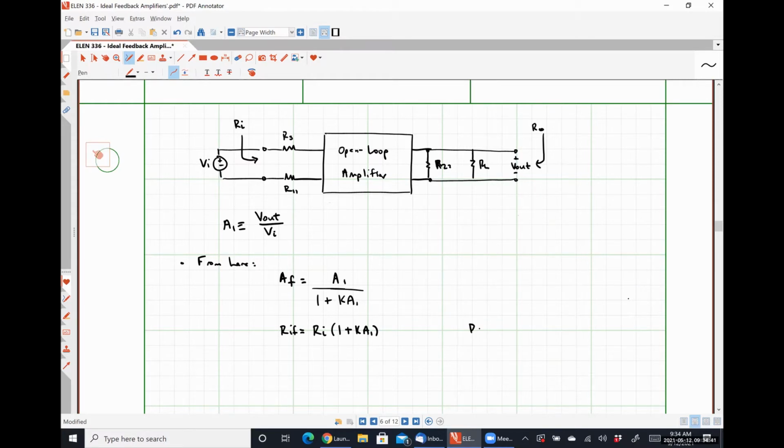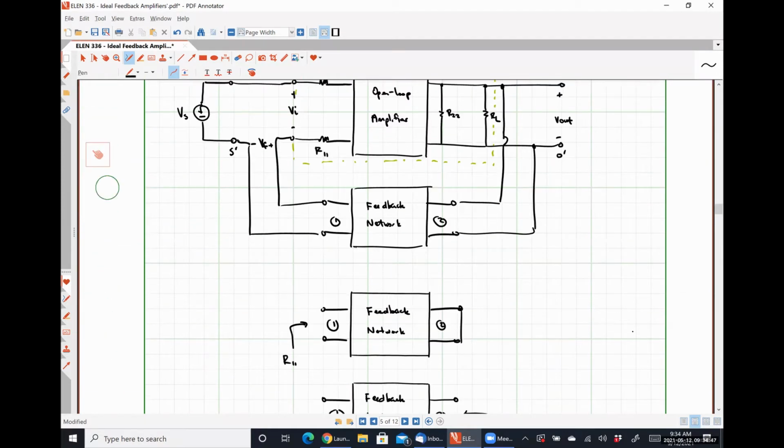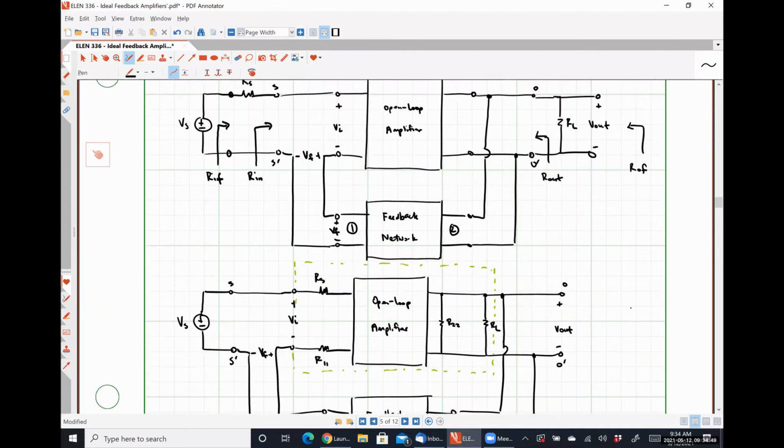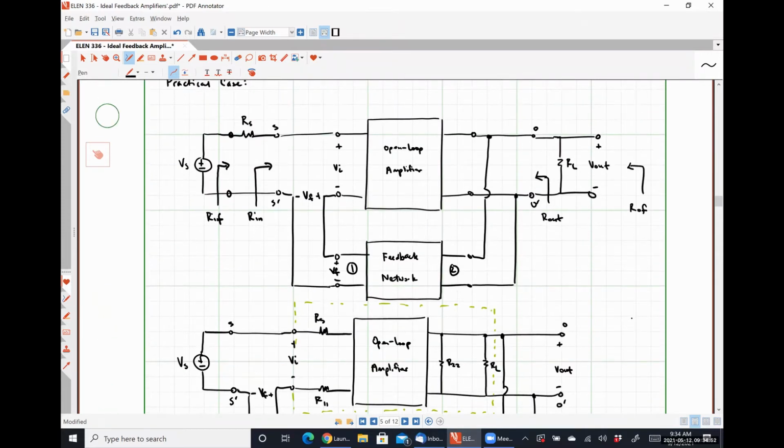And then our input resistance of our system, and just to be clear here, let's look back at our original diagram. Here we can see that we have RIF in series with RS. Looking in from here, we are excluding the source resistance RS.